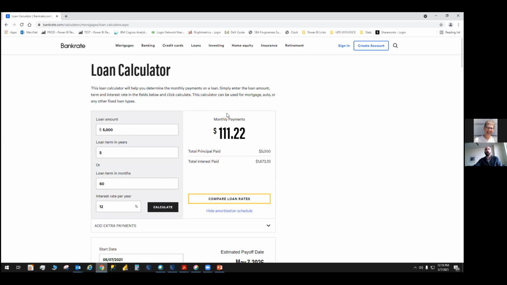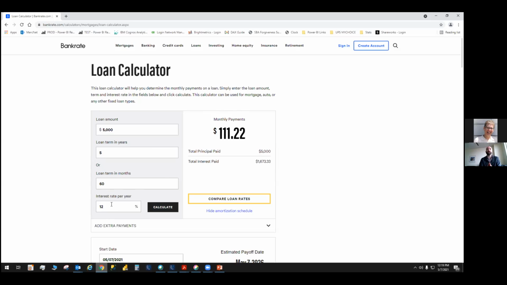My payments dropped from $140 to $111. And the interest I'm now paying on that purchase was cut in half, about $1,600, almost $1,700 versus $3,500 where it was before, just because I've reduced my interest rate.